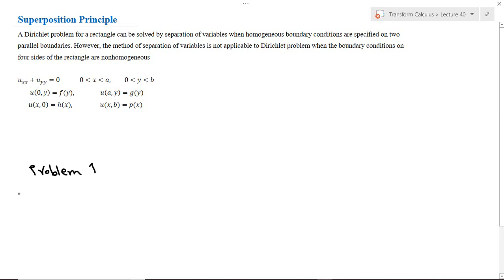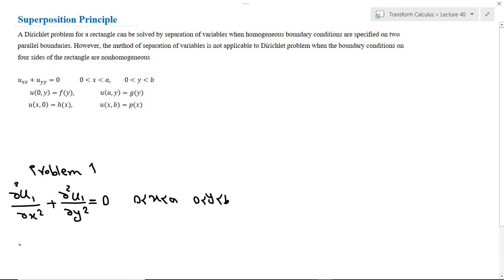We assume that the second derivative of u1 with respect to x plus the second derivative of u1 with respect to y is equal to 0, for x between 0 and a, and y between 0 and b.